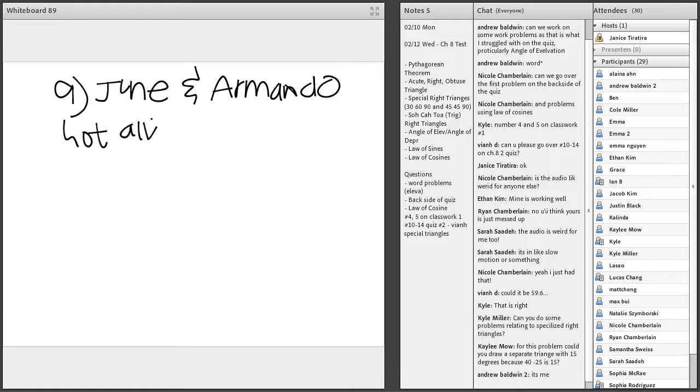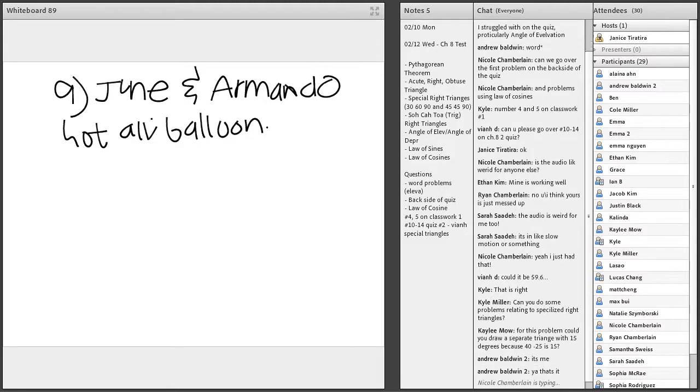Hot air balloon. Okay, cool. It says Armando's balloon is slightly higher. So I'm going to draw A for Armando and J for June. And then the two balloons are 100 feet horizontally apart.